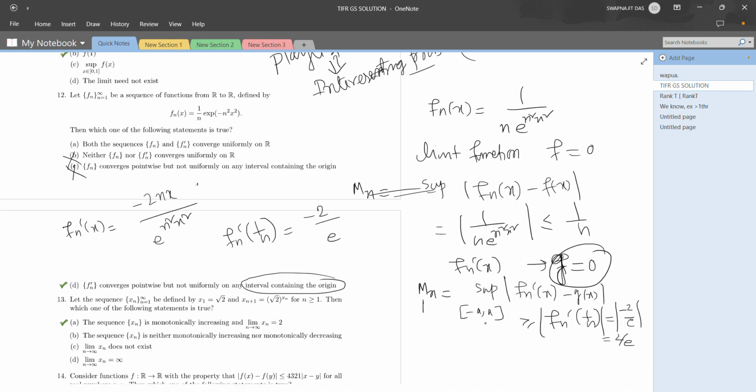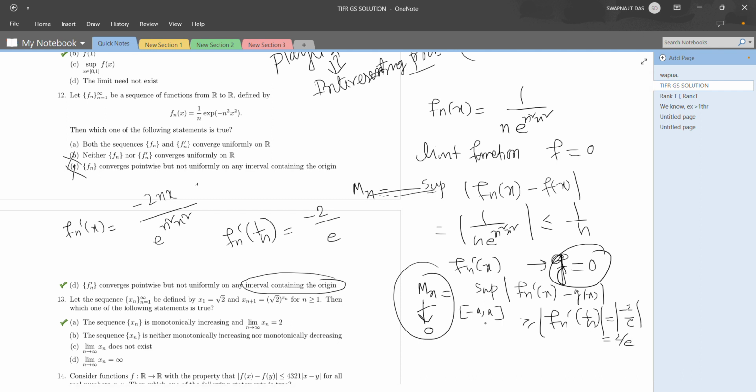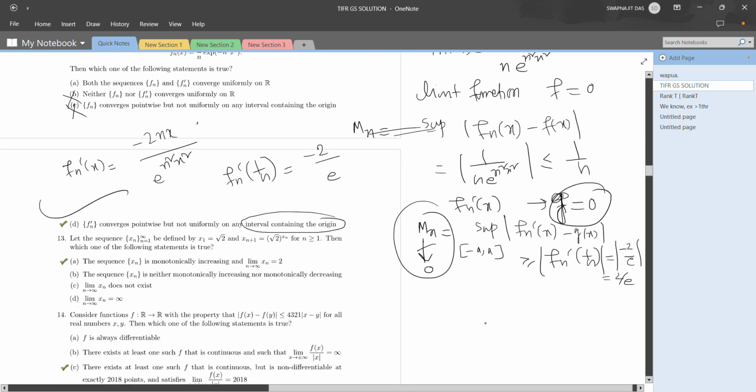So that means Mn doesn't converge to 0, hence fn prime is not uniformly convergent on any interval containing the origin. Means D is correct.